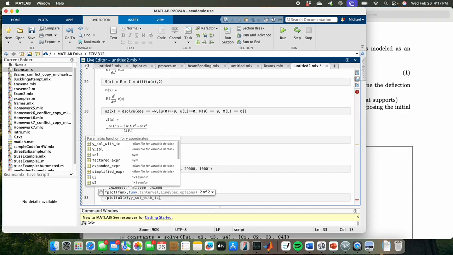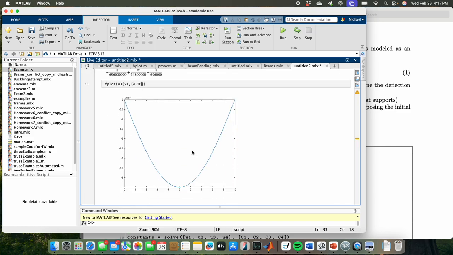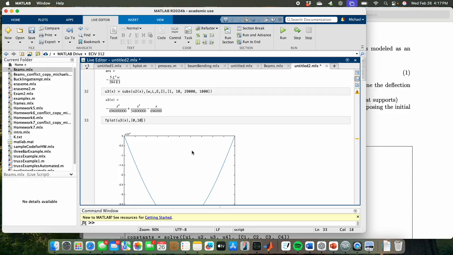And then I put the lower bound 0 to, what did I say L was? L was 10. Can you scroll back down? Or up, wherever it is. And that should be what the deflection shape looks like.